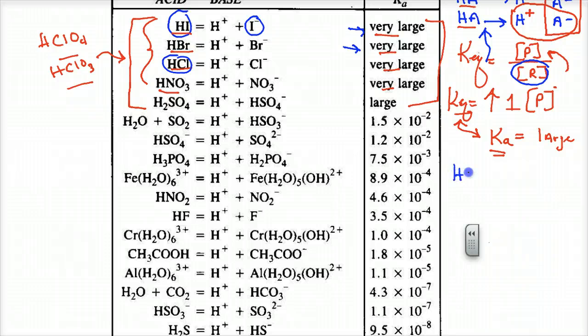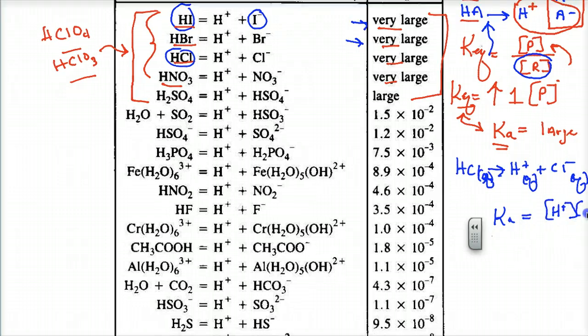So HCl dissociates into a proton and a chloride ion. Now this is aqueous, and this is aqueous, and this is aqueous. So we know that the Keq, or Ka, is equal to the proton times the chloride ion.